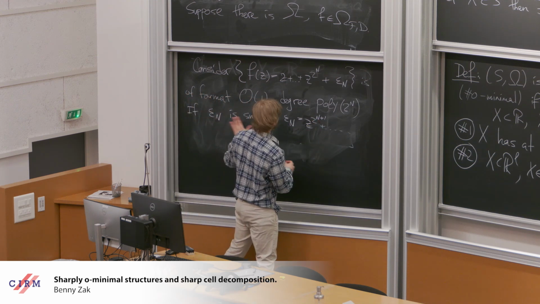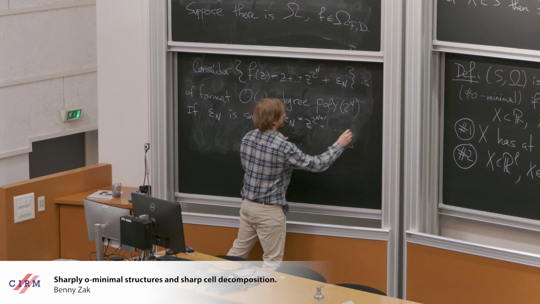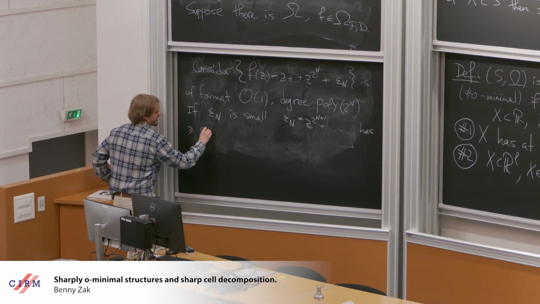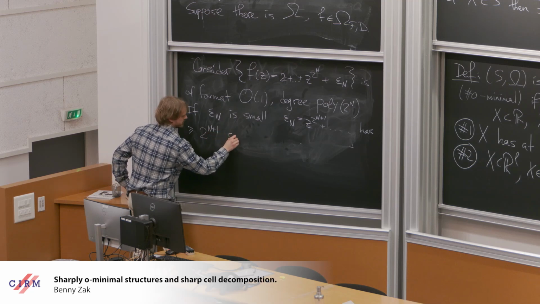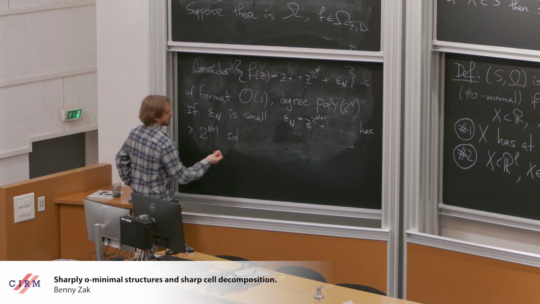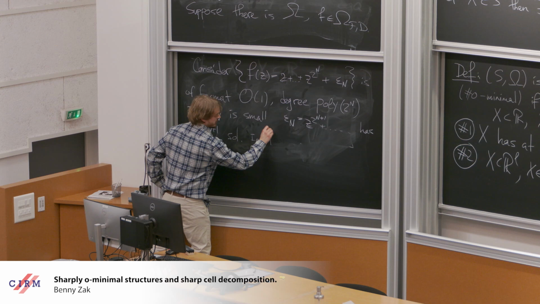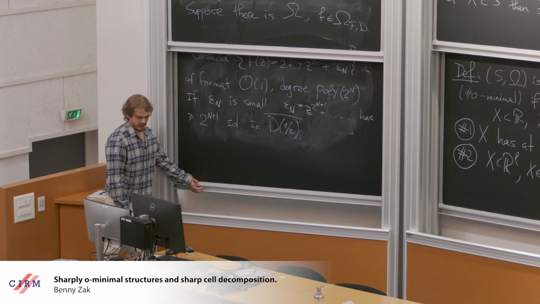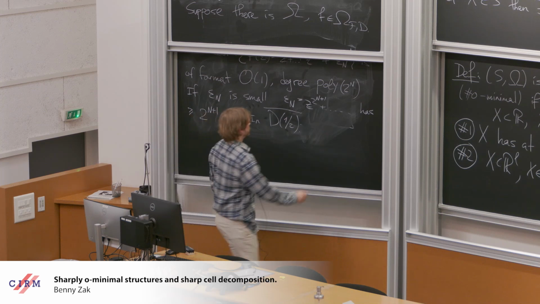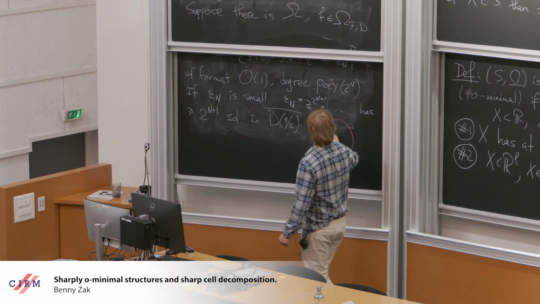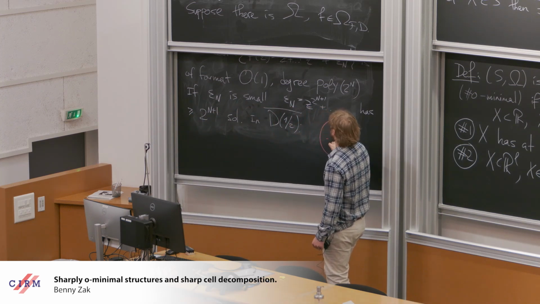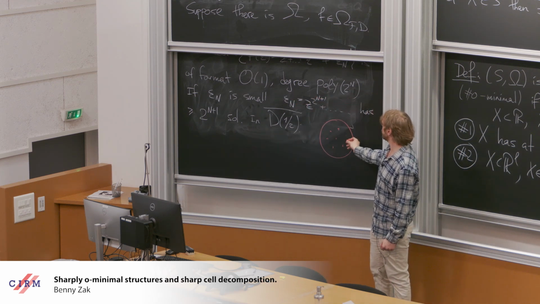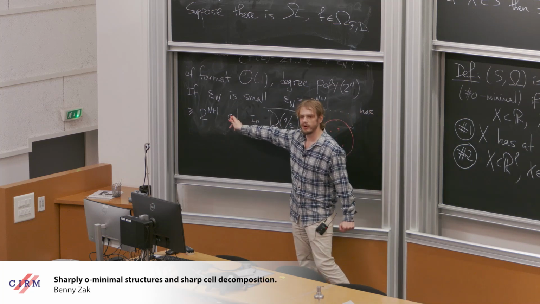So if epsilon n is small, this has at least 2 to the power n plus 1 solutions in the disk of radius half. Now I will draw the picture in red. You have the disk, you have some set of format O of 1, degree poly in 2 to the power n, and you know that its cardinality is at least 2 to the power n plus 1.